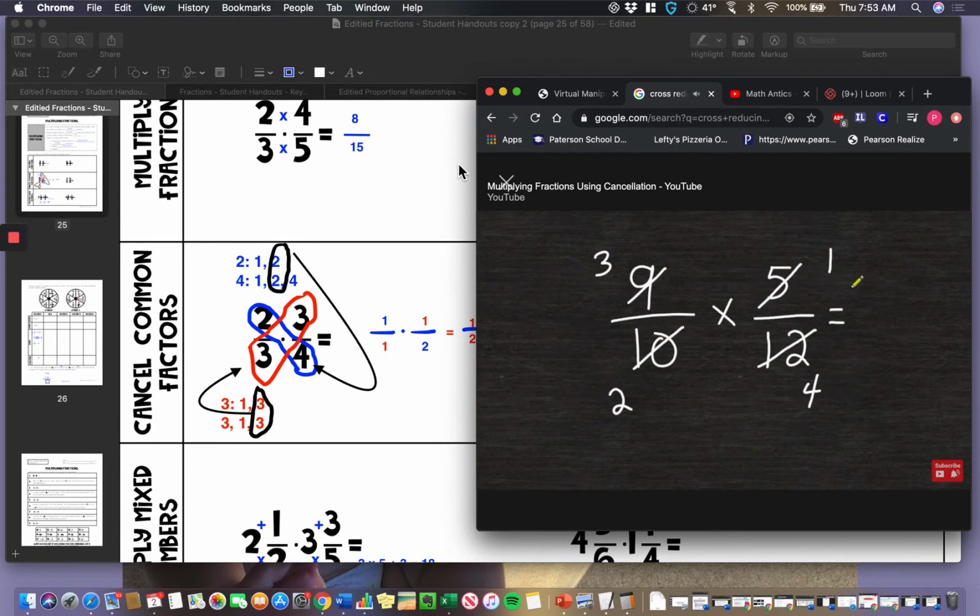The last thing we do is multiply our remaining numerators together to get our numerator, and 3 times 1 is 3, and then multiply our remaining denominators, and the product of 2 and 4 is 8. So we would say that 9/10 multiplied by 5/12 is equal to 3/8.